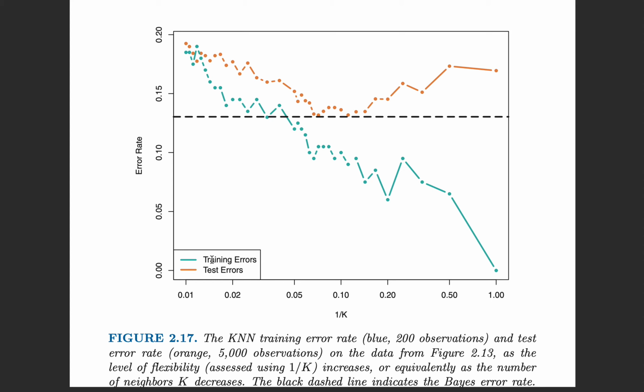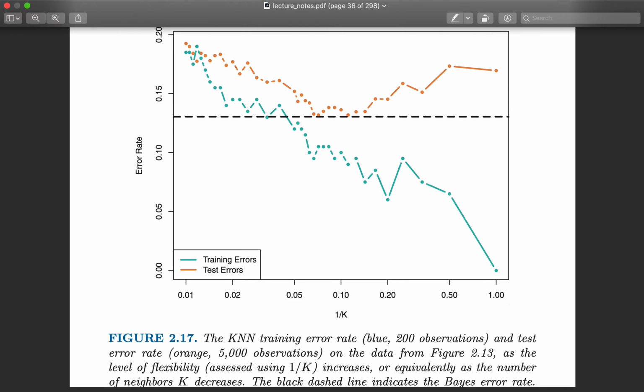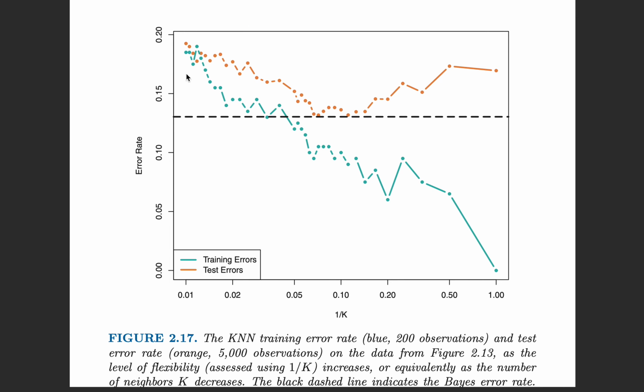Now the training error is just, we have the data and we are, now what is this? It is 1 over k. Why is it 1 over k? Typically, when we plot the error rate versus the flexibility, here is small flexibility and then we increase the flexibility. And as we said, as we increase the number of neighbors, we are reducing the flexibility.